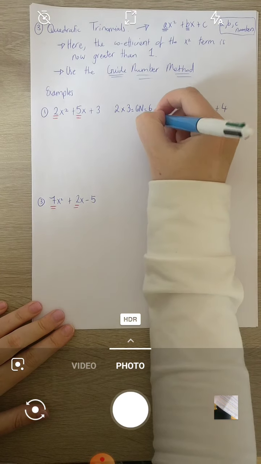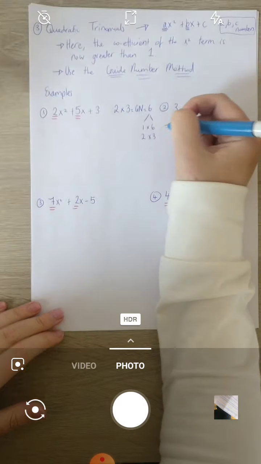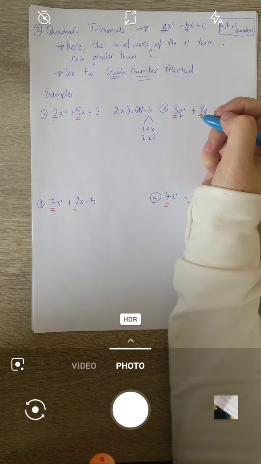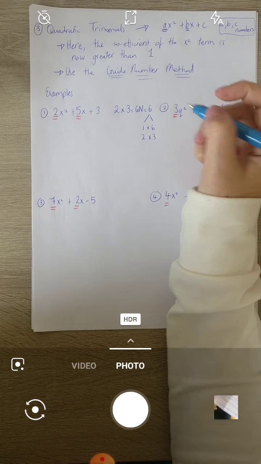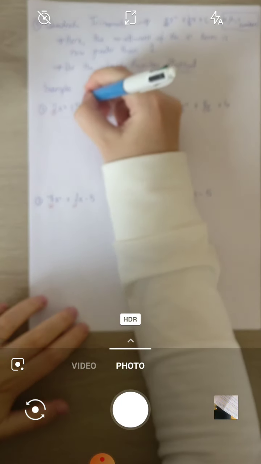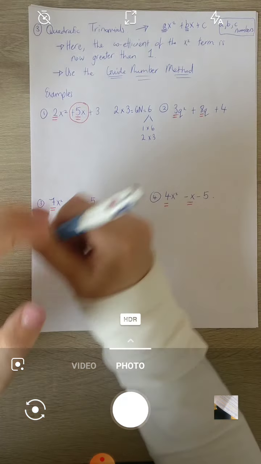We're going to use the factors of 6, so it's either 1 times 6 or 2 times 3. And we are going to rewrite the middle term, okay? So the 5x here, we're going to rewrite using 2 of these factors.